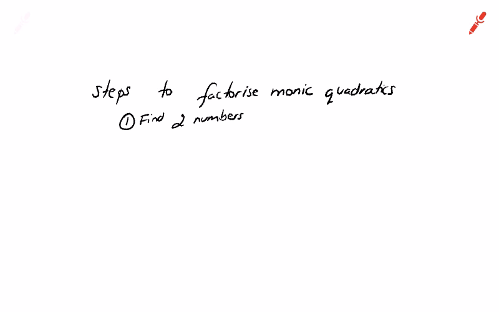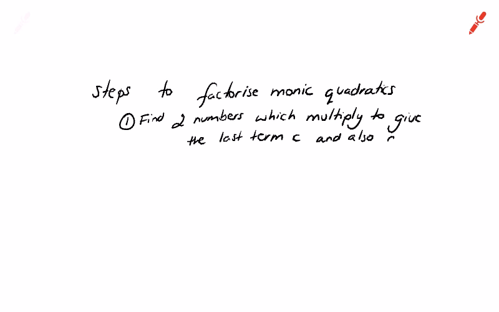Let's have a look at the steps that we've used there. So we've used 4 steps to factorise that monic quadratic expression. The first step was to find 2 numbers which multiply to give the last term, c, and then also add to give the middle coefficient, b.